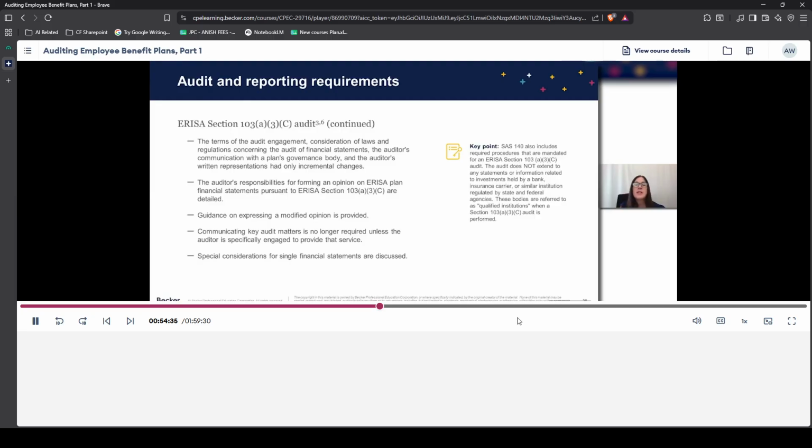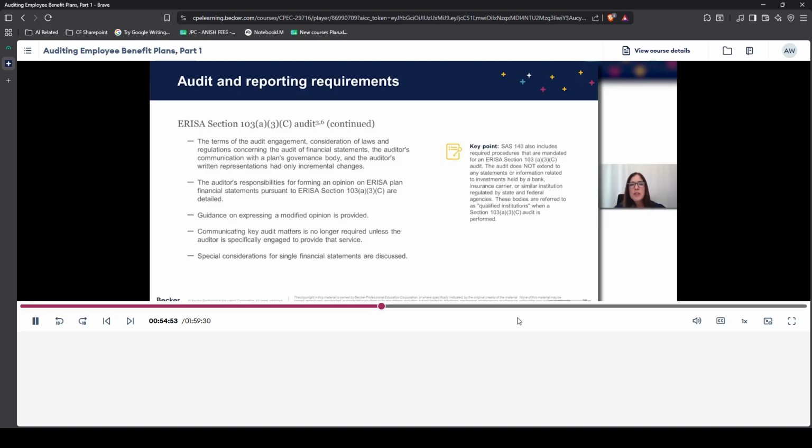There are some additional, I don't want to specifically say procedures, but extensive documentation related to an ERISA Section 103(a)(3)(C) audit.